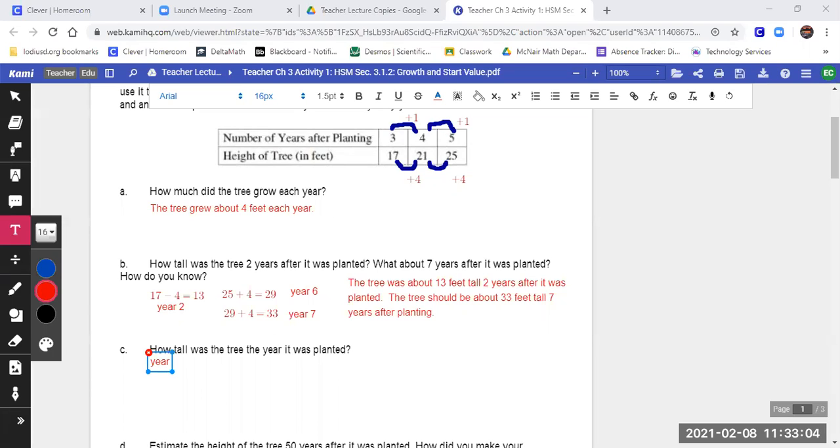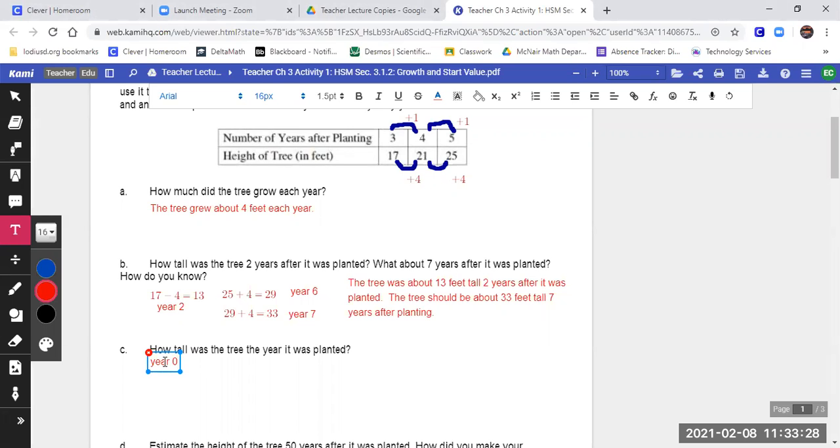If we've just planted it, have there been any years that have gone by? No. So what number do we use for no? There's no years that have gone by. Yes, 0. So they're asking us to find year 0.